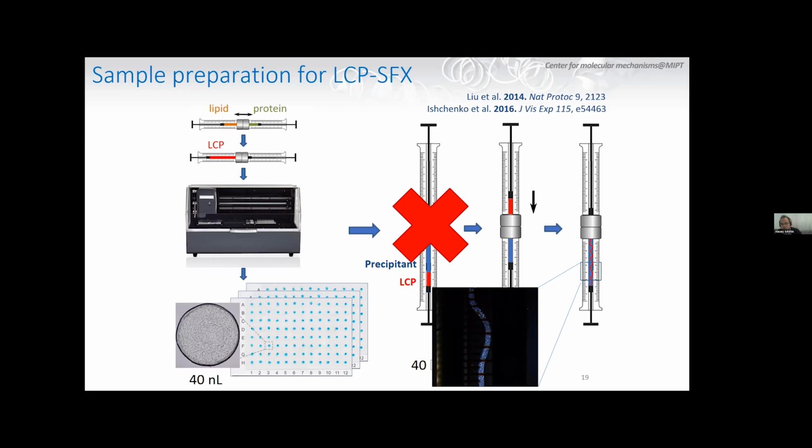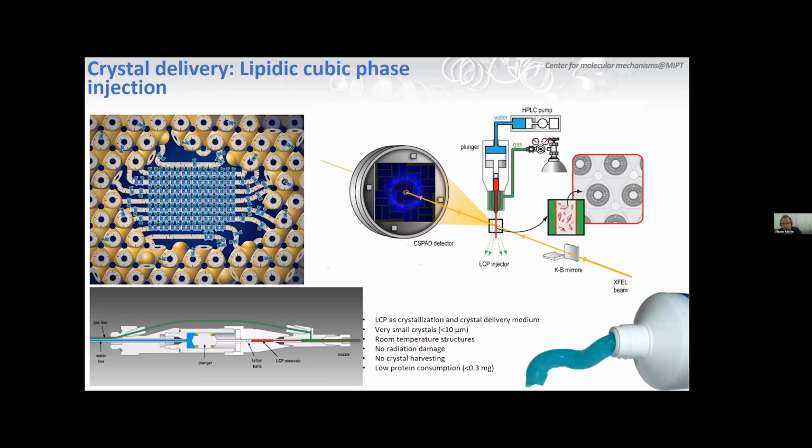You should grow a suspension of tiny micrometer or 10 micron length crystals, thousands of them. That is often done using so-called lipidic cubic phase, which helps to inject the crystals into the beam, and for membrane proteins you grow the crystals in such lipidic cubic phase.